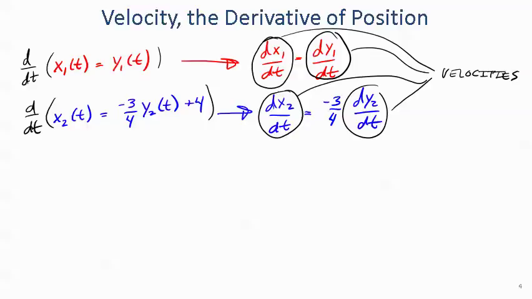And for our friend to stay on his path, his velocity in the north direction has to be less than the velocity in the east direction, because it's multiplied by minus 3/4, which is less than 1. It's also negative, so that means he's going to be going in the negative east direction. So how do we use this information to solve our problem? Well, we're going to take a look at that in part 2.